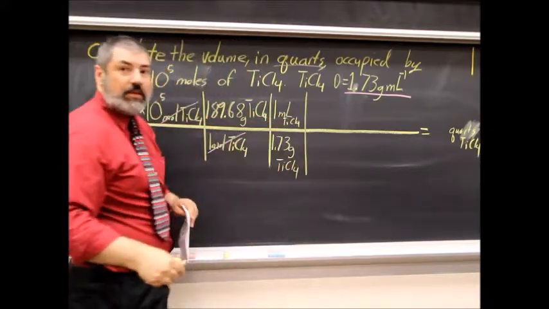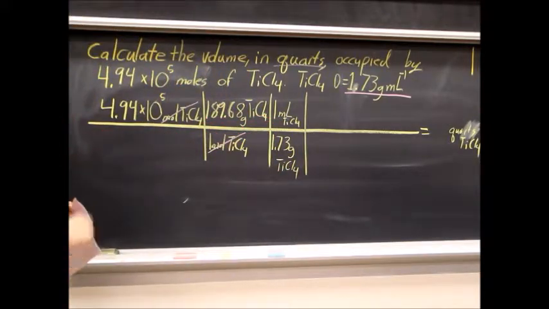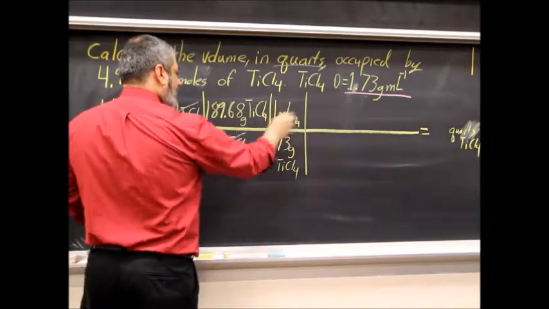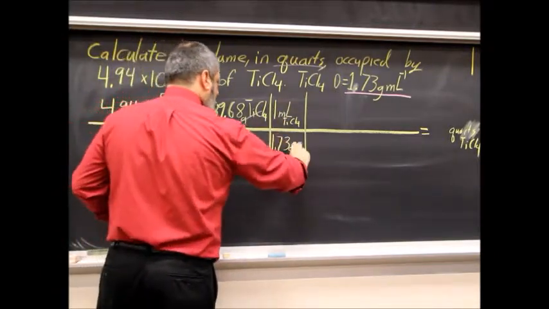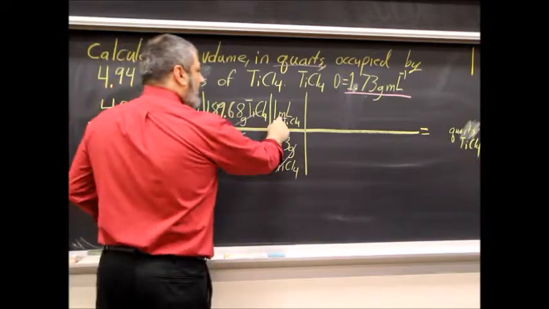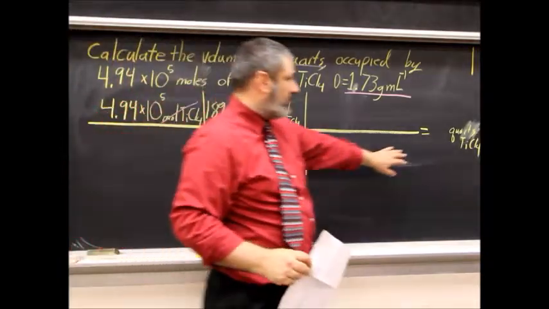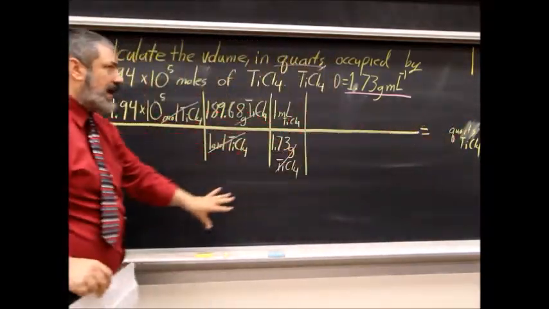I'm kind of writing it underneath just to keep this a little bit more compact so I don't go too far. So now, grams of titanium tetrachloride have canceled. Now we have a unit of volume, milliliters, but we want quarts. So we're in a very good position now.